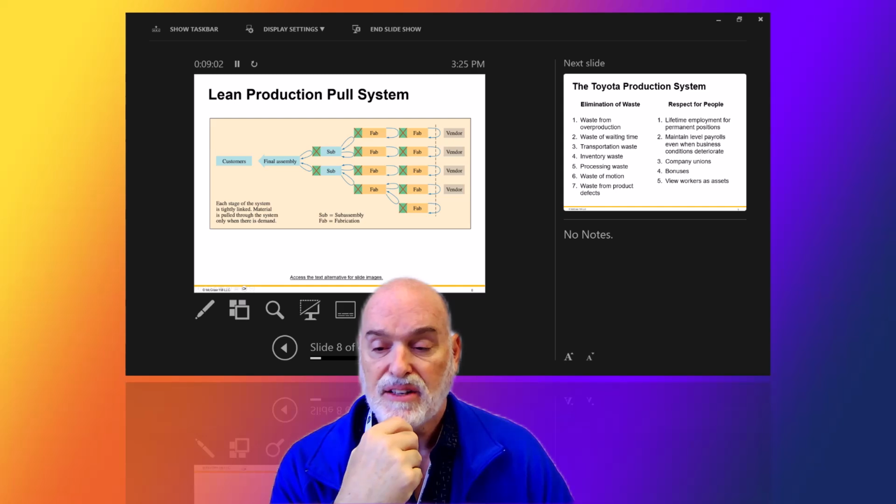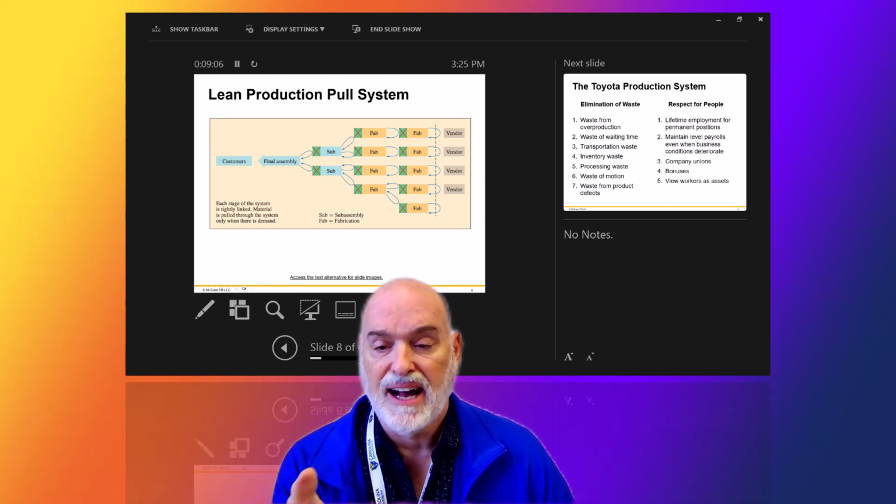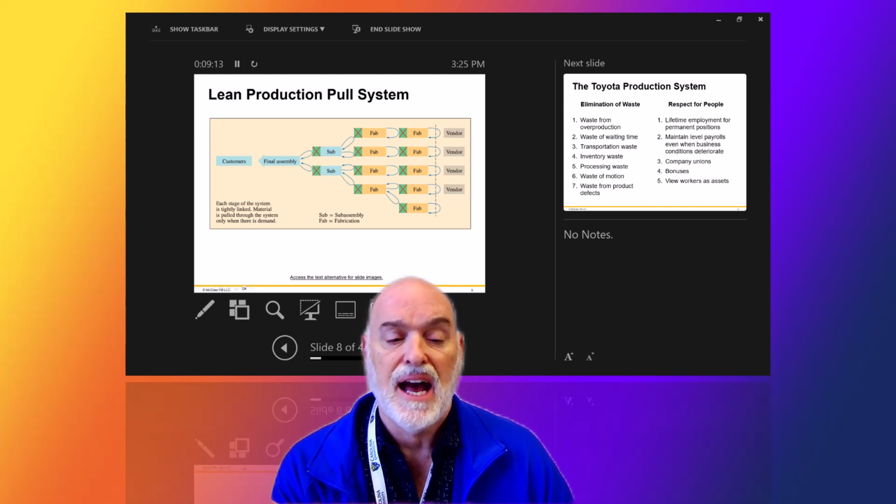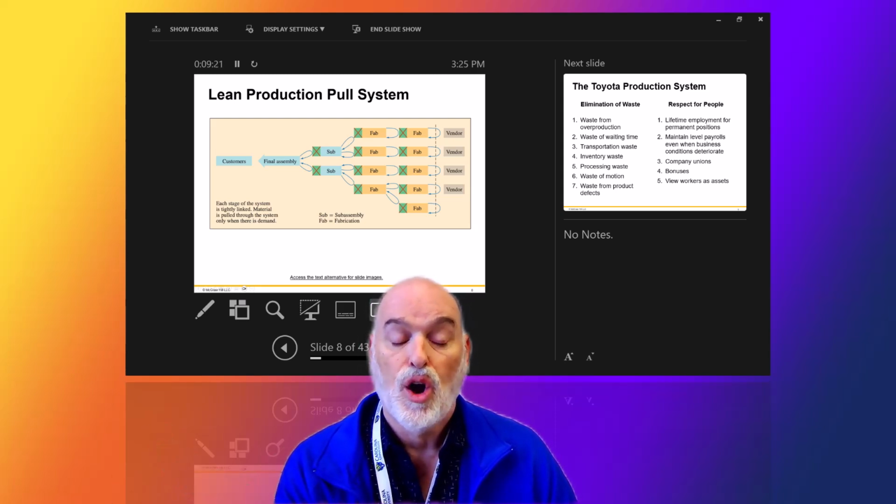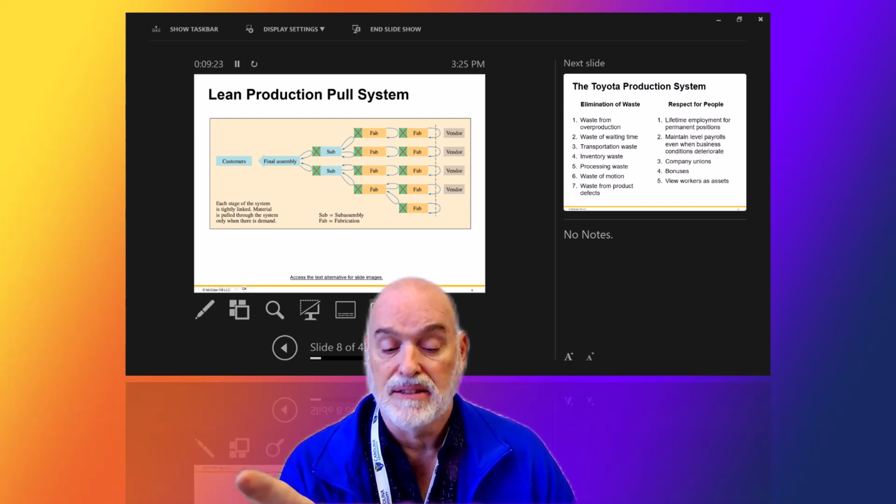Well, let's start here. Vendors, then you have the fabrication. You add value for one thing, then you add more value, and then you have a sub-assembly, and then final assembly, and then it's available for customers. So each stage of the system is tightly linked. Material is pulled through the system only when there is demand.